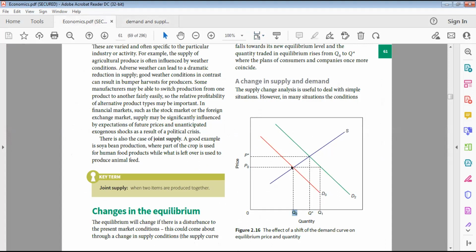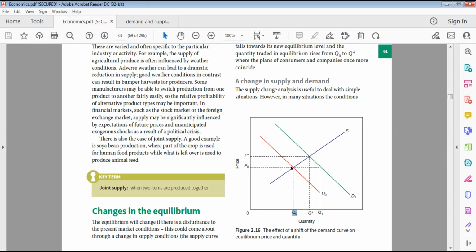This is the point where the buyers are also willing to buy 100 kilos for this price. So this is the happy point where both the buyers and the suppliers are happy, and that's why it's called equilibrium. Did you understand?